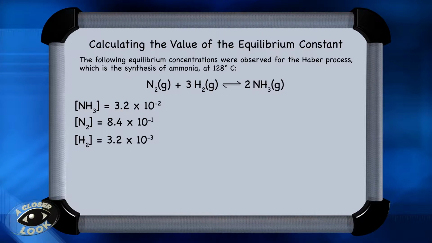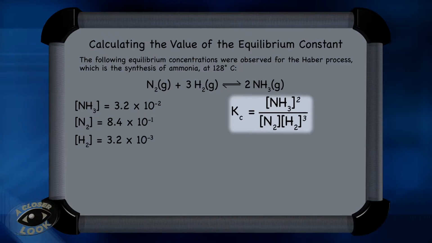The equilibrium expression for this problem would be K sub C is equal to the equilibrium concentration of ammonia raised to the second power over the equilibrium concentration of nitrogen times the equilibrium concentration of hydrogen raised to the third power.